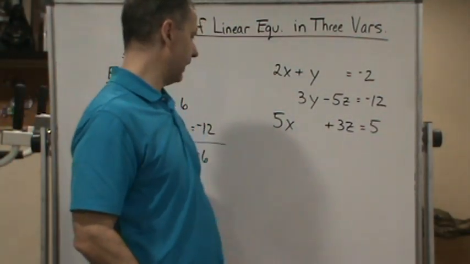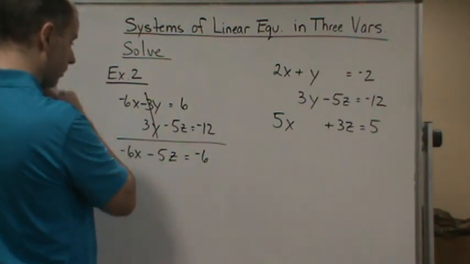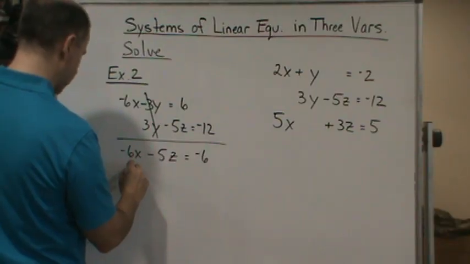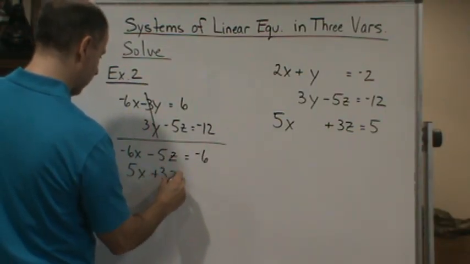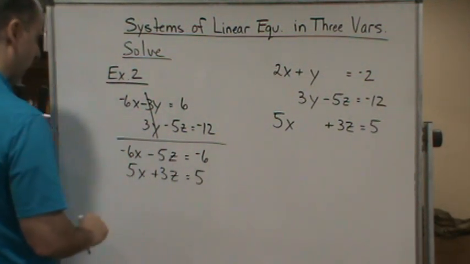I've got x and z here. So now I can skip step 3 and go right to step 4. Okay? So step 4 is now let's solve these. So 5x plus 3z equals 5.